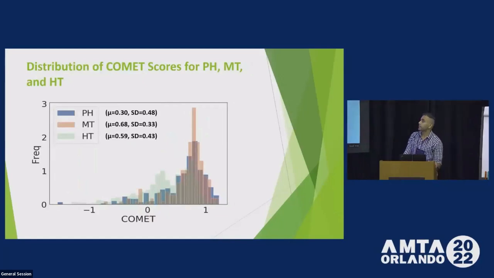Then for COMET it is different. COMET shows better scores for the machine back translation, followed by human back translation, and lower scores for monolingual paraphrasing, which looks like a different pattern.